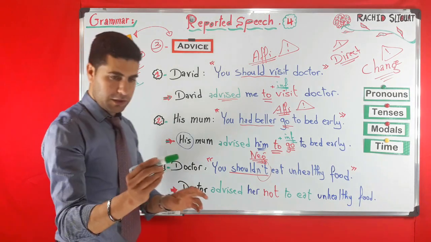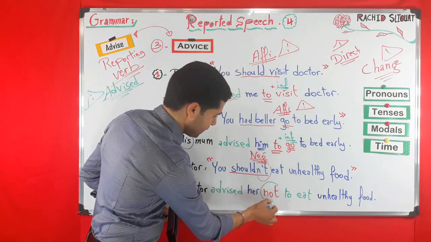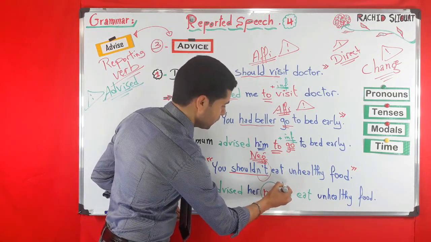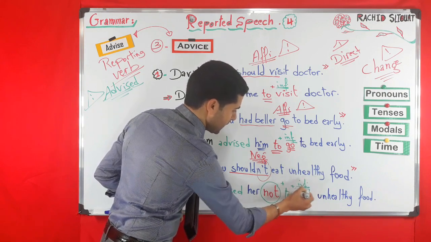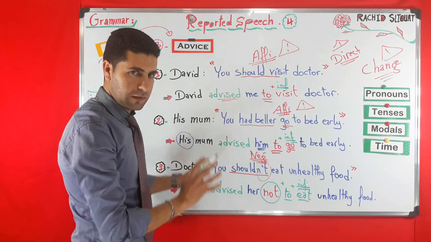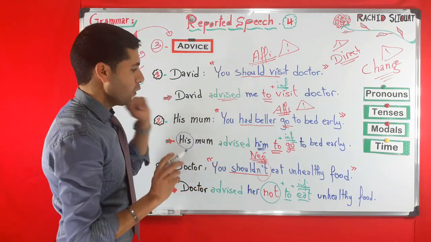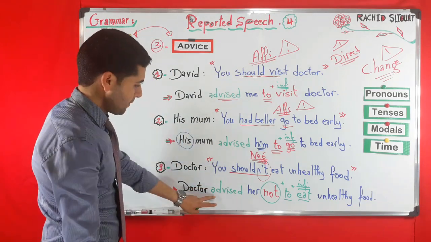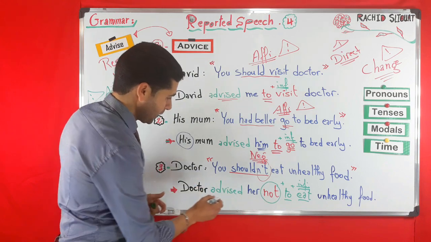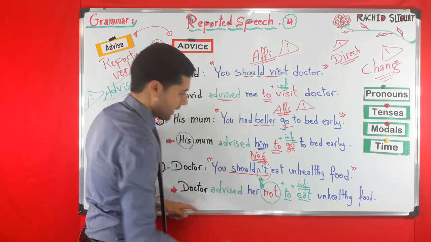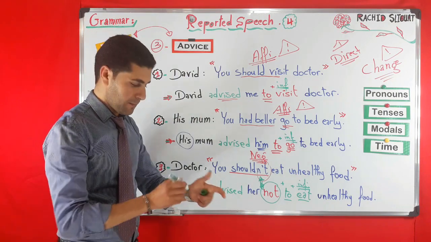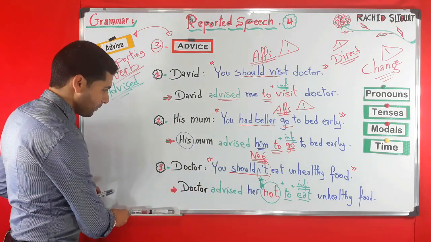As you can see here, not plus to plus infinitive. This is actually the same as the way we report orders or commands. So why not here? Very simply because here we have the negative form.